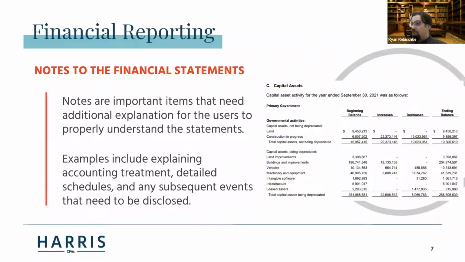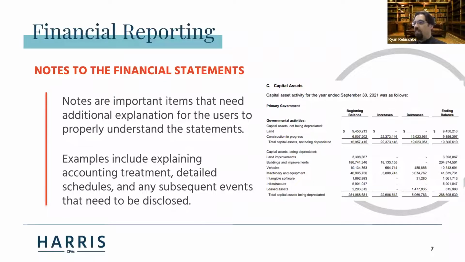There are all kinds of different notes to the statements. This is a very common one. There's usually a pretty long one right at the beginning that explains all the different accounting treatments. That one's just accounting jargon, basically boilerplate, legal stuff. We treated accounts receivable this way. The basis of accounting is this. All stuff that doesn't really matter to non-accountants.